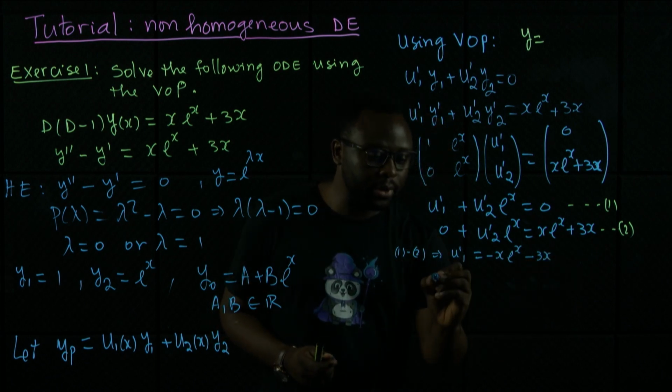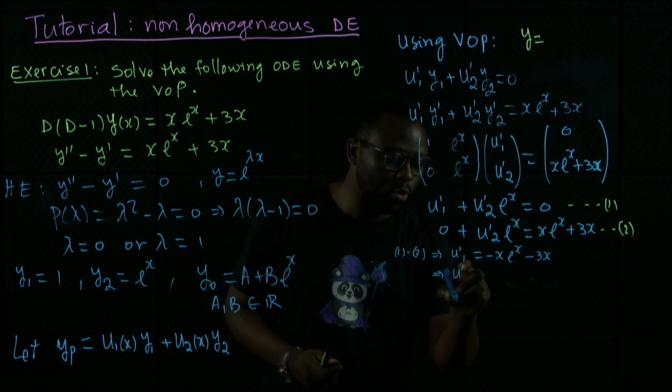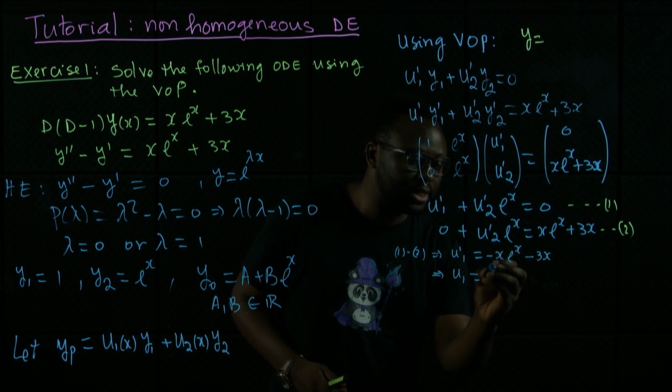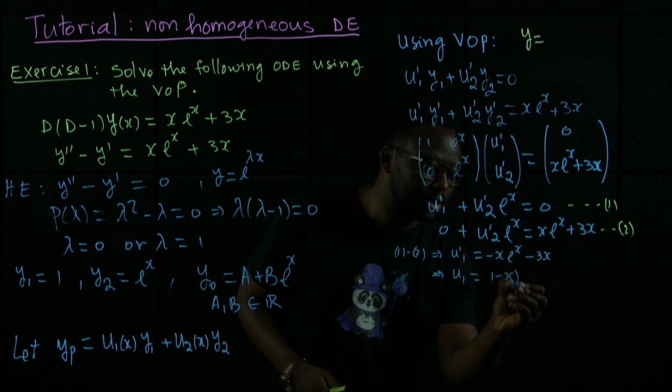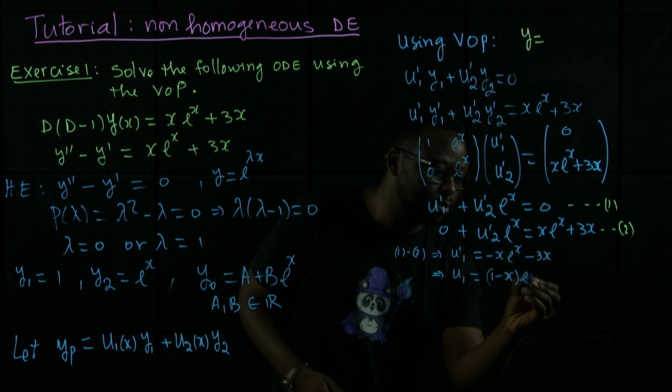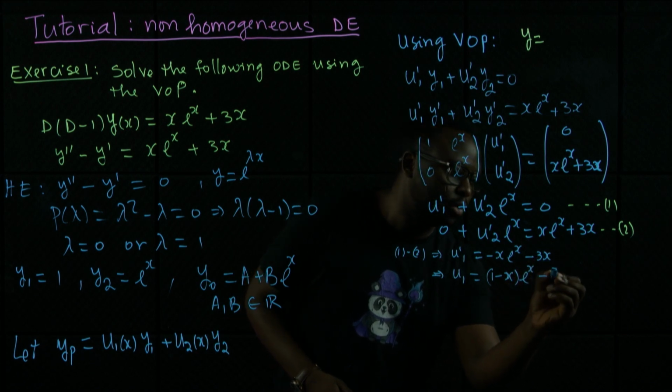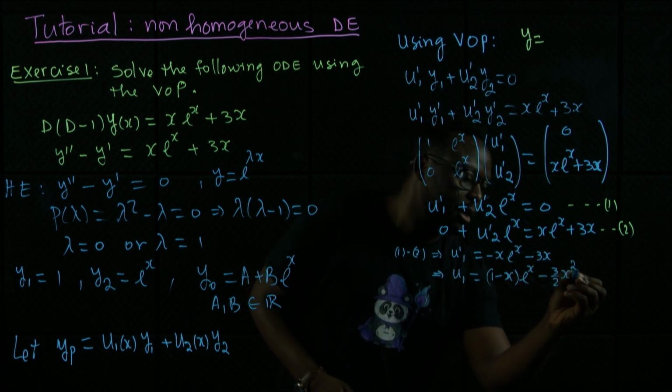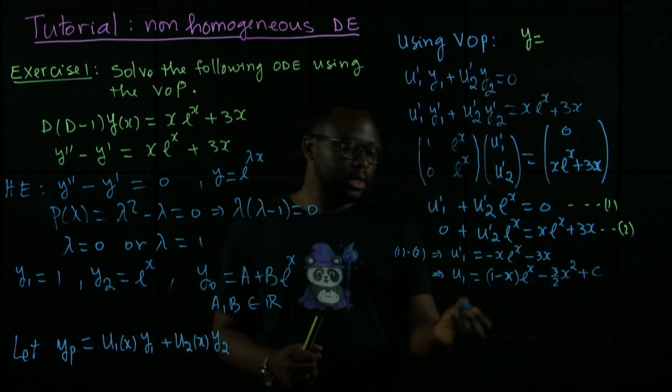So if you integrate this equation, we have u1. We do the integration by parts here. This is 1 minus x times e to the power x minus 3 over 2 x squared plus c, constant c.